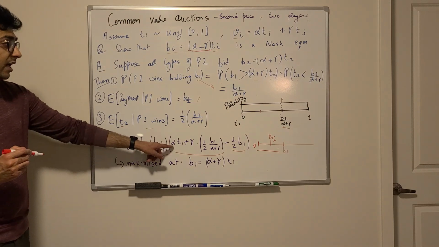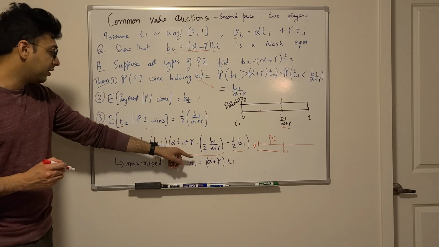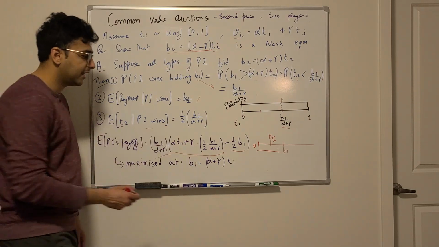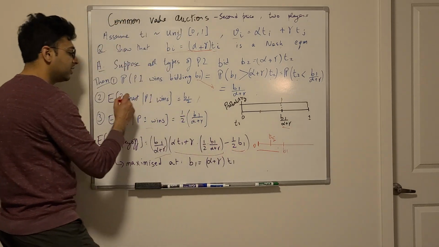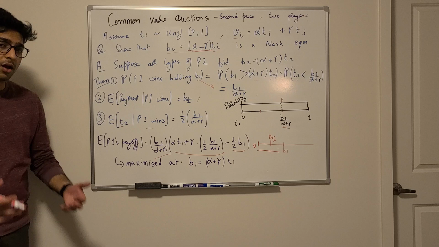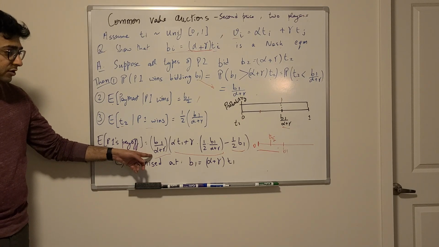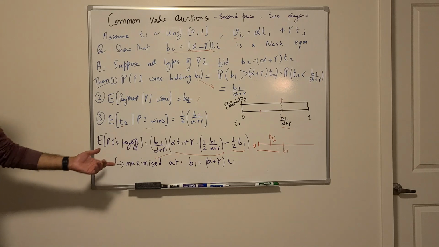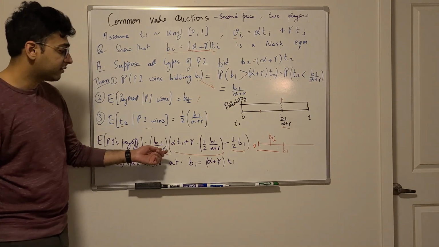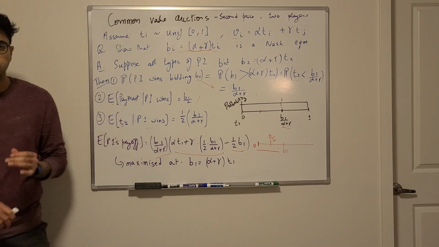V1 is just alpha times T1 plus gamma times T2. The expected value of T2 here is this, so that's just this plugged in here. And then this half B1 comes from the expected payment that player 1 would have to make, conditional on player 1 actually winning. And once we simplify this expression, we can show by taking a first order condition that it would get maximized at B1 equal to alpha plus gamma times T1.